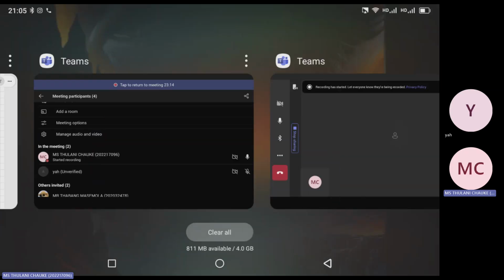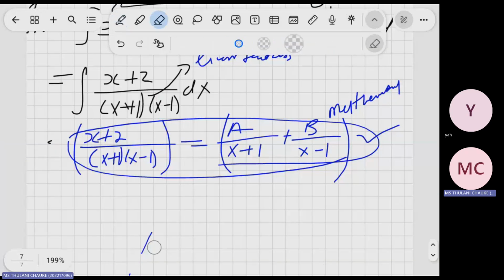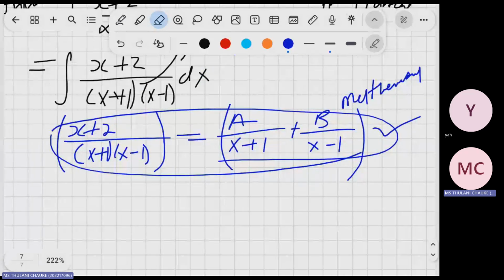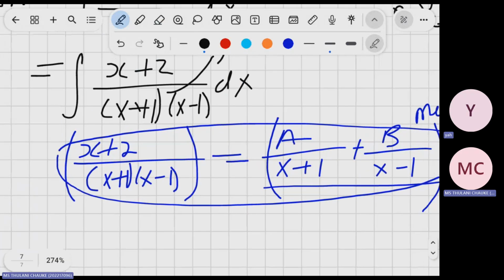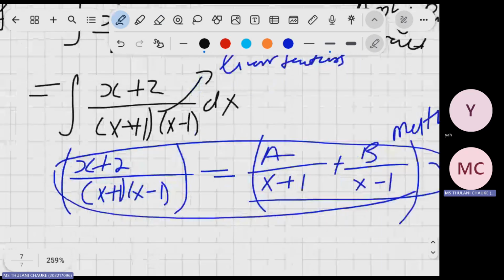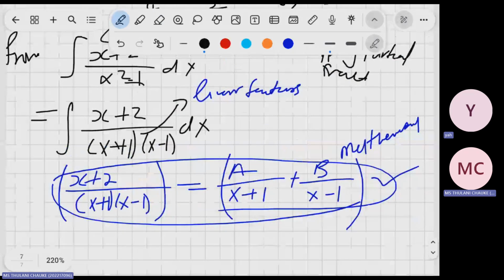Let's talk. Are you understanding whatever I'm writing? Am I making sense?